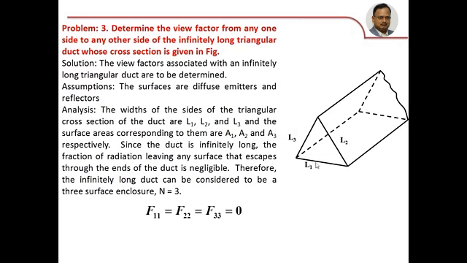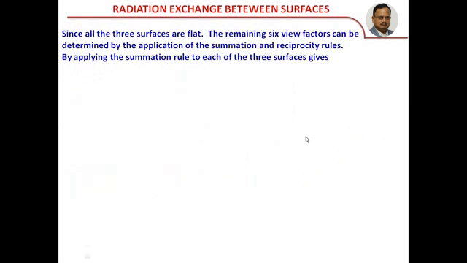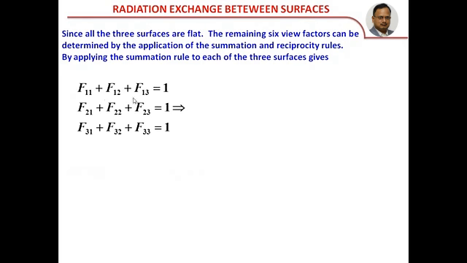And by symmetry again, because all these are flat surfaces, F11 is 0, F22 is 0, F33 is 0. And F11 plus F12 plus F13 is equal to 1, the summation rule; F21 plus F22 plus F23 equal to 1, the summation rule with reference to 2; and with reference to body 3 the summation rule can be written as F31 plus F32 plus F33 equal to 1.